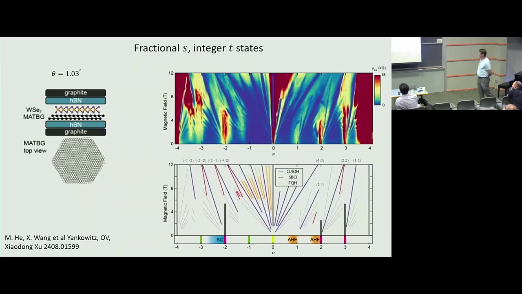Now, Xiaoyu was at a conference where he was presenting this data, and a student from Xiaodong's group was there as well, and they started talking to each other and realized that, in fact, this is already seen in some of Xiaodong's data.